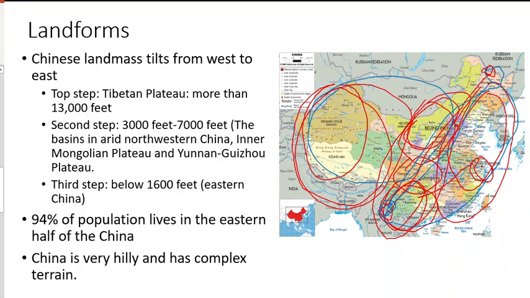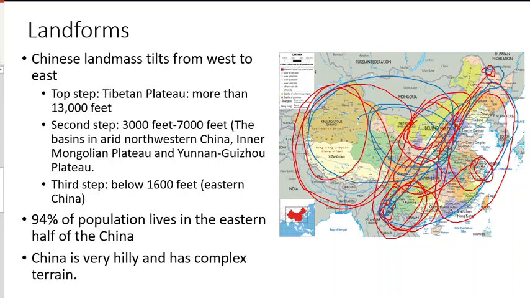Generally speaking, when we look at the landforms of China, China is actually very hilly, because you can see from this division line that the west section is much larger than the east section. So China is very hilly, which means it's really hard to develop advanced agriculture. It isn't like the United States, which has a very flat Midwest, where farmers grow a lot of corn and soybeans.